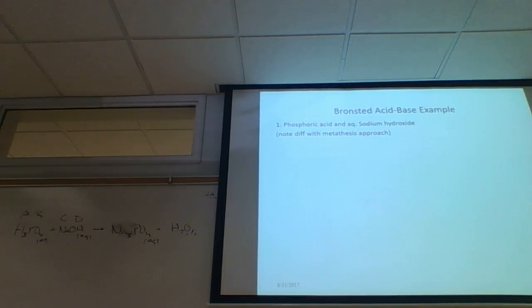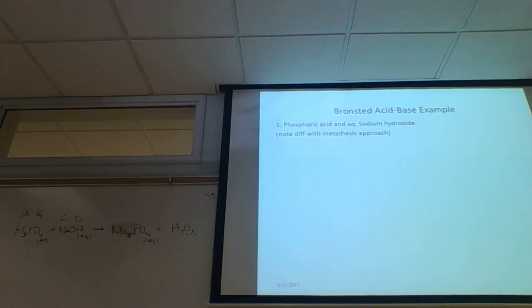What are the driving forces for metathesis? Well, not those. 3. Strong acid forming for weaker acid. It doesn't have to be strong, it just has to be stronger.